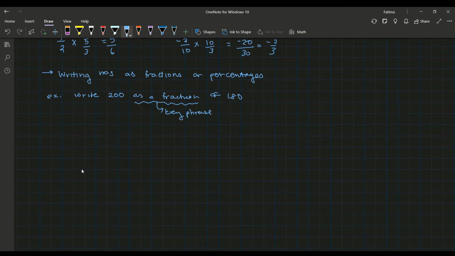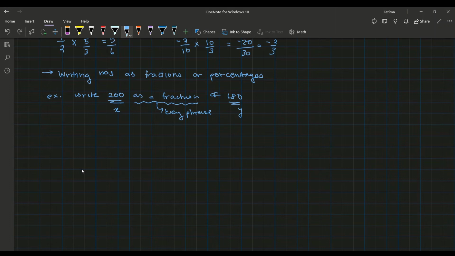Whenever you see this phrase over here, the following steps must be applied. The number that is given before the phrase, let's take that as x. And the number given after the phrase, let's take that as y. So essentially what the question is telling us to do is to write x as a fraction of y.